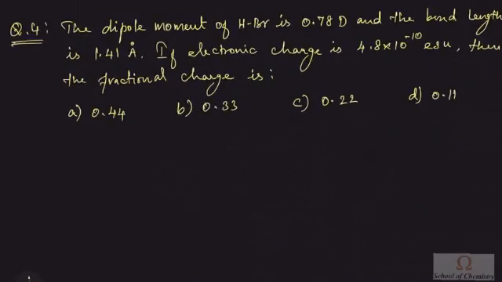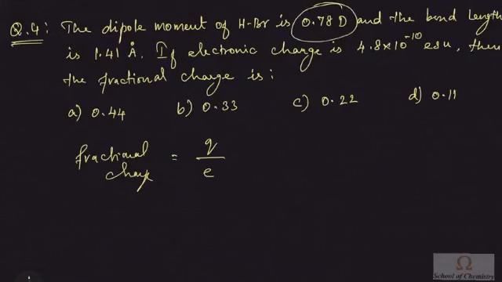So the fourth problem is the dipole moment of HBr is 0.78 debye and the bond length is 1.41 angstrom. If electronic charge is 4.8 into 10 to the power minus 10 ESU, then the fractional charge. We need to find out fractional charge. The formula to find out fractional charge is nothing but the ratio between Q and E. Now Q is nothing but the magnitude of unit charge, and this magnitude of unit charge should be obtained from the given mu value.